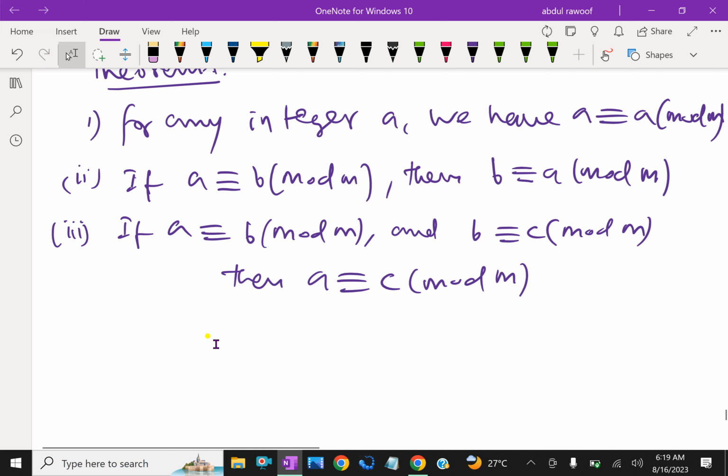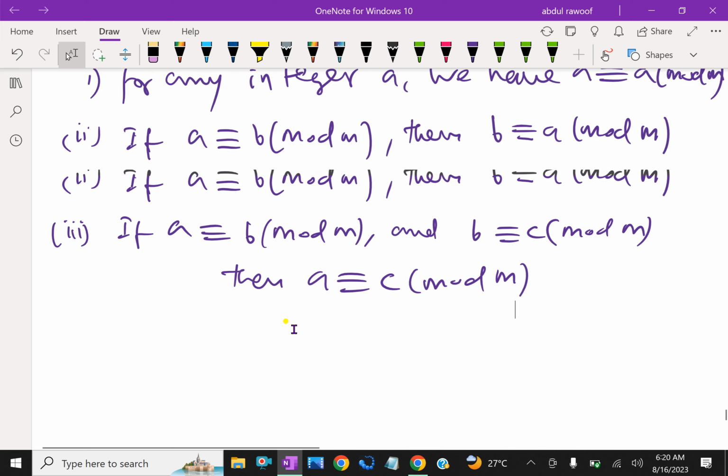Here, suppose m is positive and a is any integer. By the division algorithm, there exist integers q and r with 0 ≤ r < m, such that a equals mq plus r. Then mq equals a minus r.